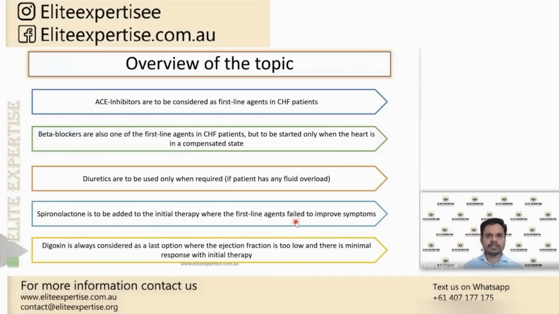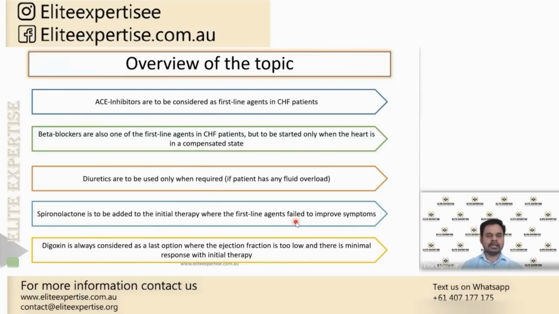And digoxin is always considered the last option, where the ejection fraction is too low, okay, or there is a minimal response with the initial therapy. Then only we need to put the patient on digoxin. Okay. Because we know that digoxin won't help in prolonging the survival of the patient.